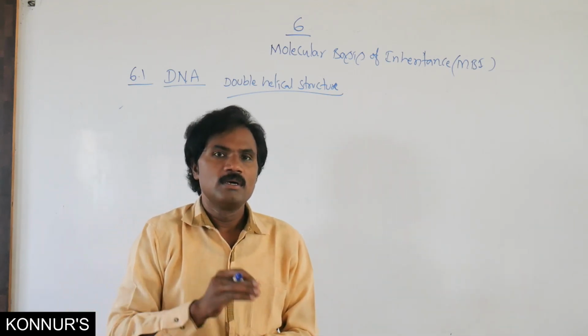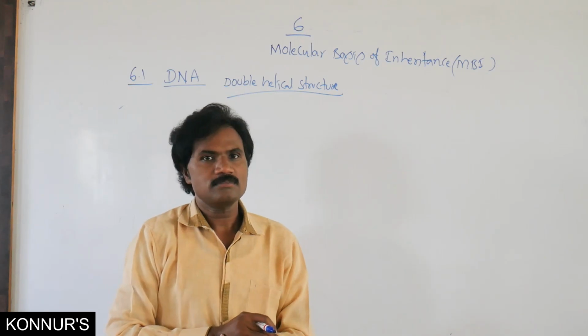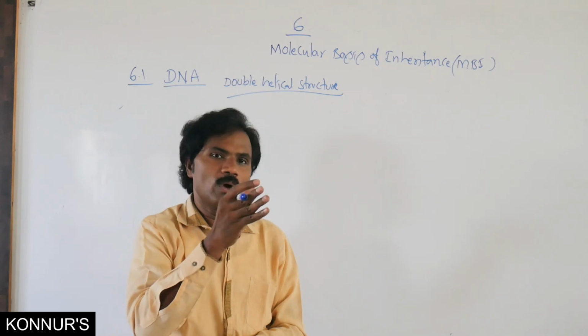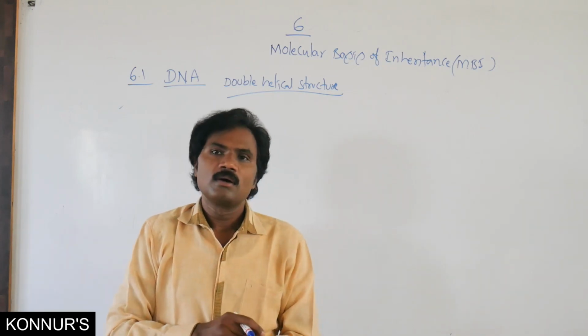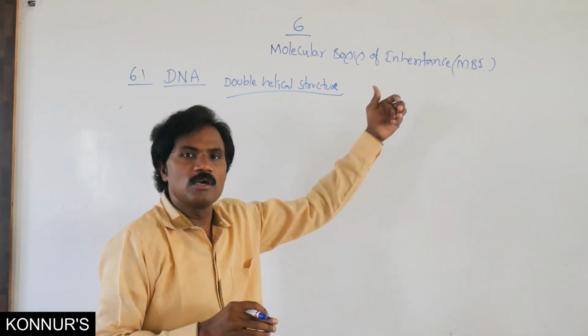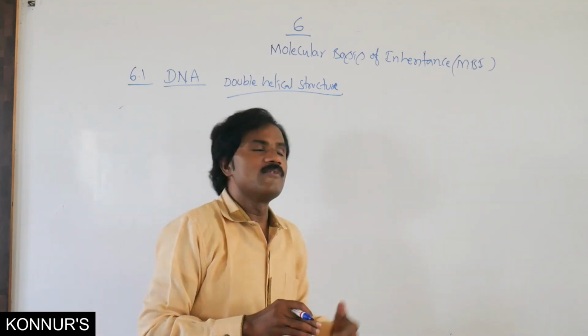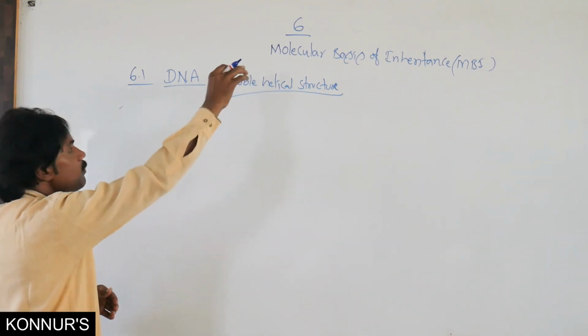It depends upon the arrangement of nitrogen bases, whether it is one complete curve. Some of these DNA is present as 10, some other it is present in different types. It's present in the double helical structure.